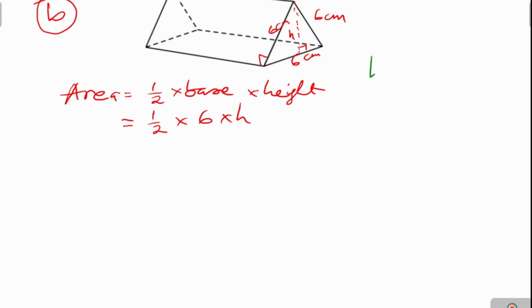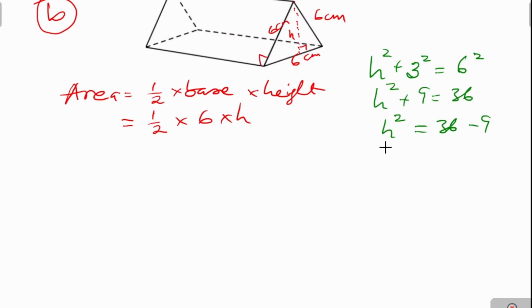From what I've said, that means h squared plus 3 squared should be equal to 6 squared. And that will give us h squared plus 9 equal to 36. Regrouping, you get h squared equal to 36 minus 9. Now h squared will be equal to 27.